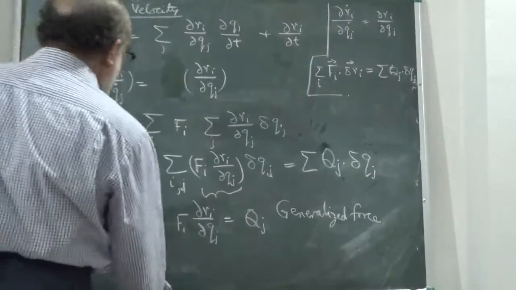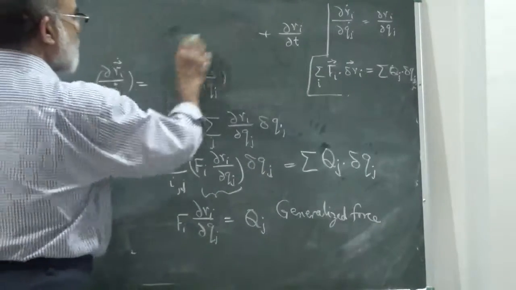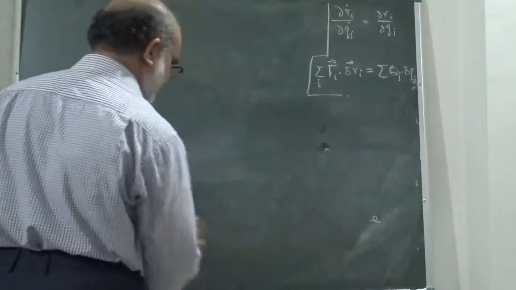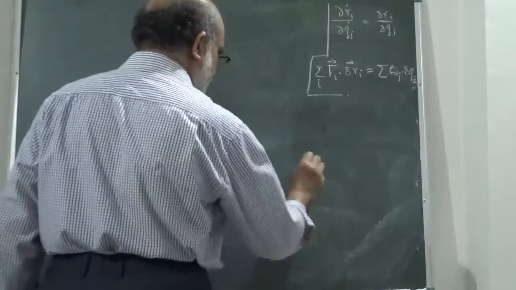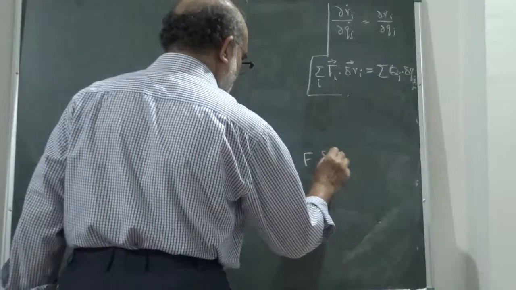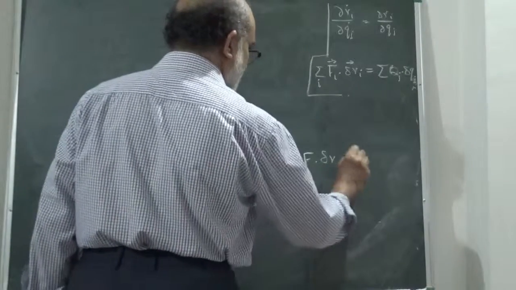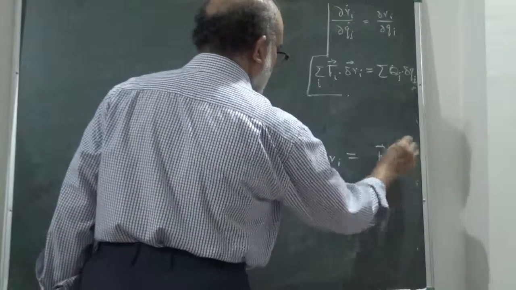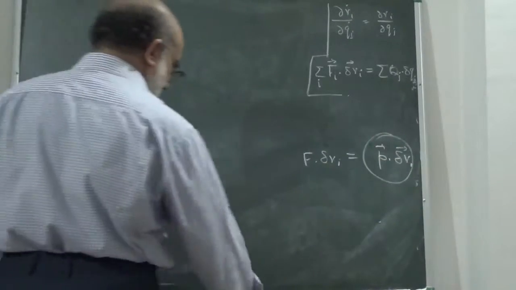Now the next part is Pi dot delta Ri. This we have to calculate.